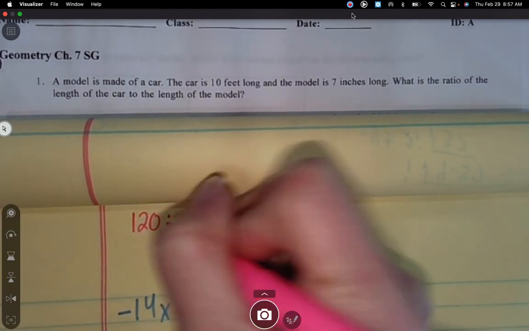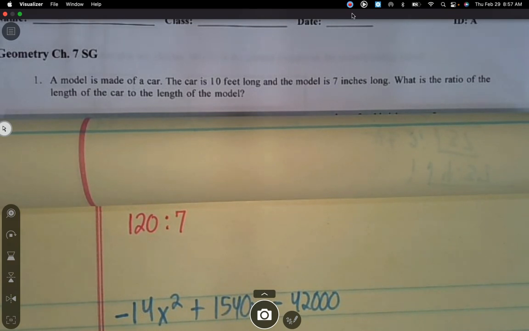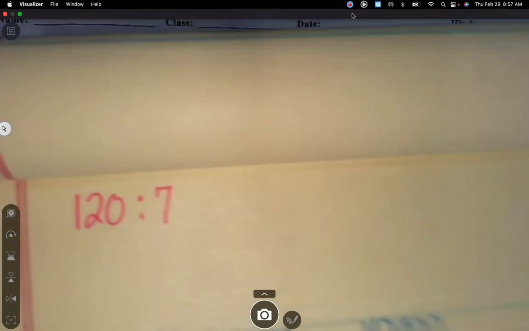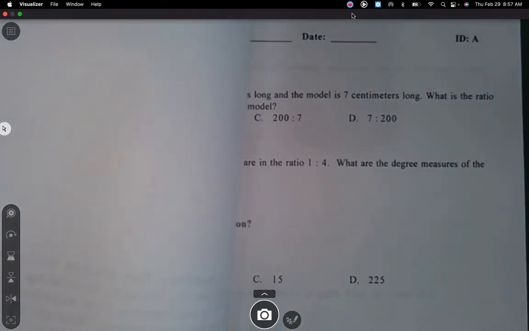And then the other one is already in inches. That's all it wants. It wants you to say the actual car is 120 inches. The model car is 7. That is your ratio. 120 to 7. So you just change feet to inches. You multiply by 12.